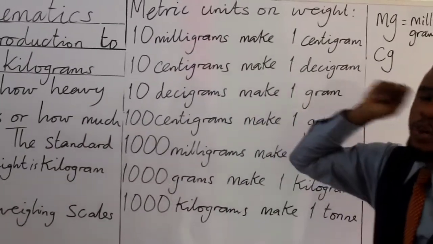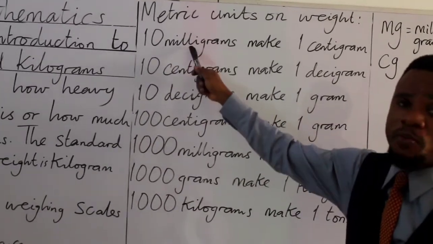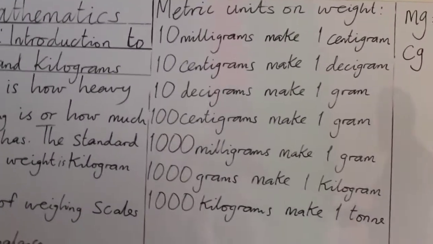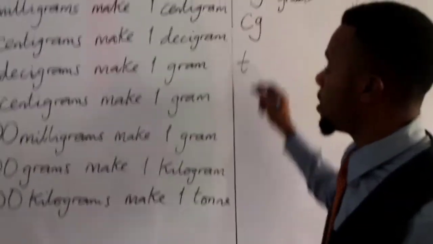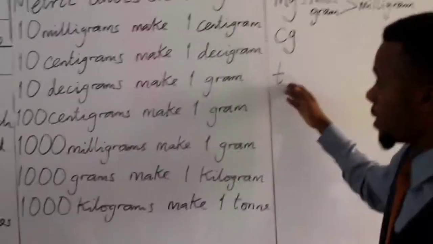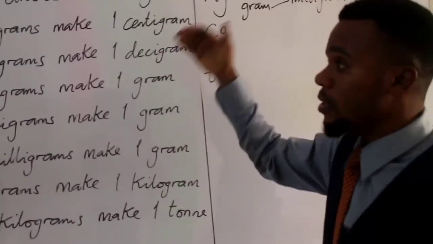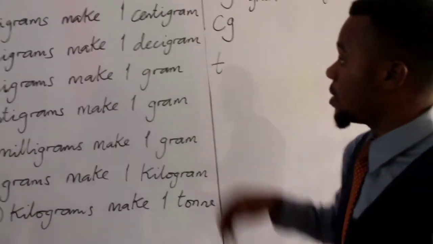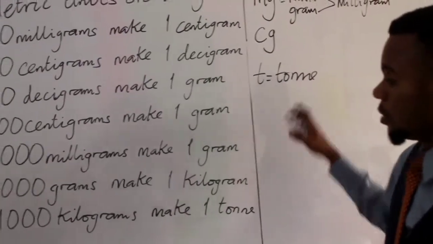What is the smallest unit of weight? It is milligram. What is the biggest unit of weight? It is ton. Ton is written in short form as T under the topic weight.